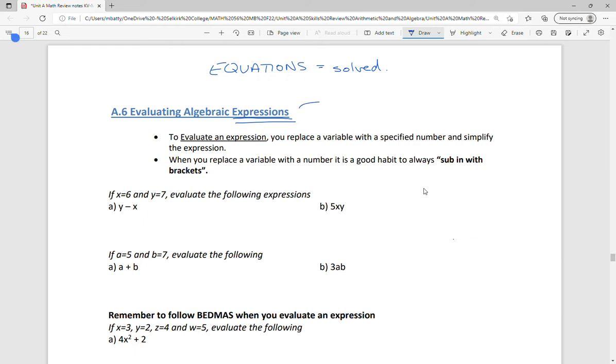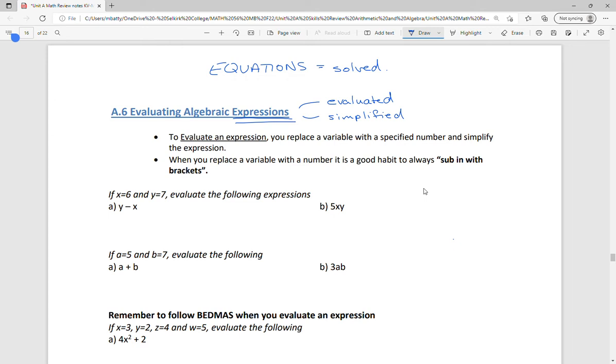Expressions can be evaluated if you know what the value of all the letters, all the variables, are, or they can be simplified. We're going to be talking about evaluating expressions in this section and then simplifying expressions in the final two sections of Unit A.